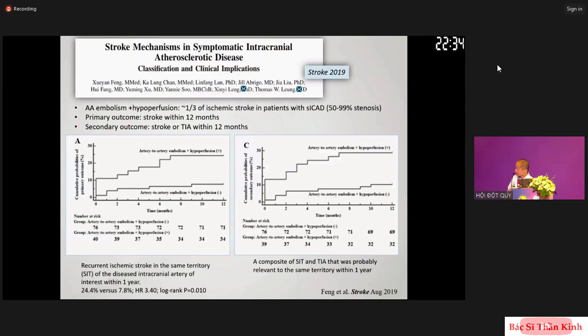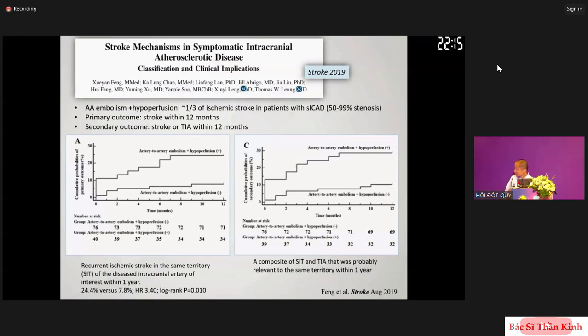So in this study, my colleague stratified a group of high-grade ICAD stenosis patients into different stroke mechanisms. And she correlated the clinical outcome in the first 12 months with the stroke mechanisms.